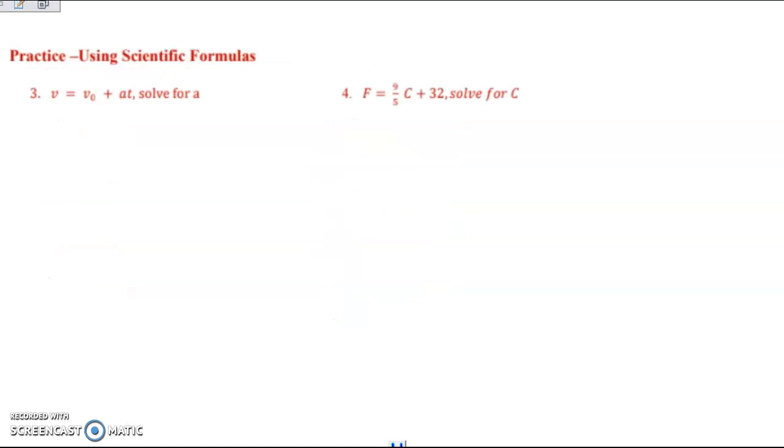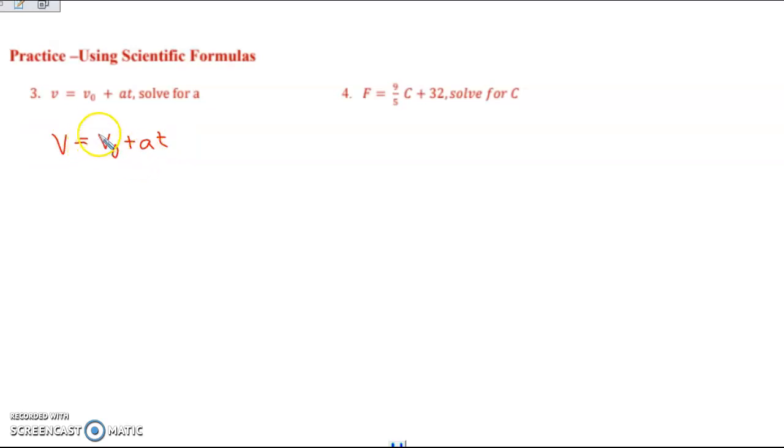These are scientific formulas, looks like for velocity. So take a look at it. We're solving for A, so I have to find A. I would need to get this by itself. So what would I need to do first?